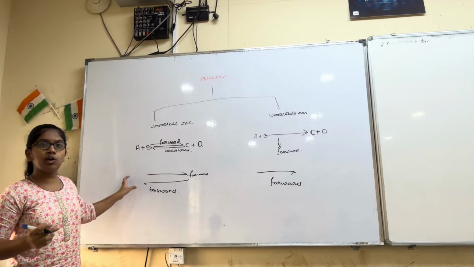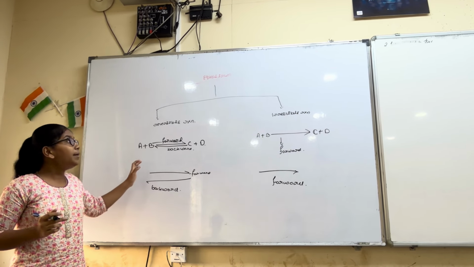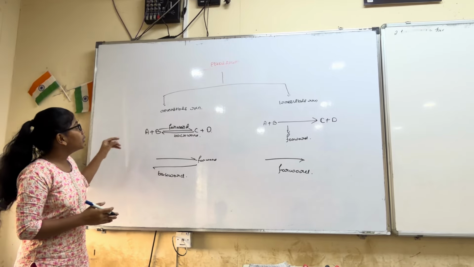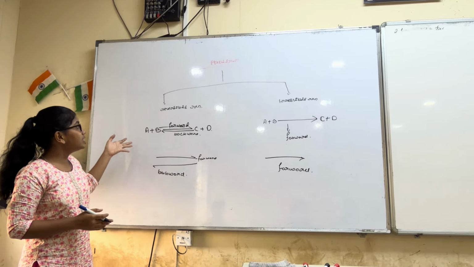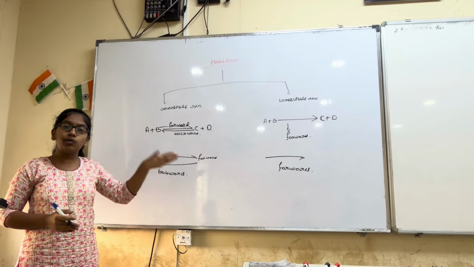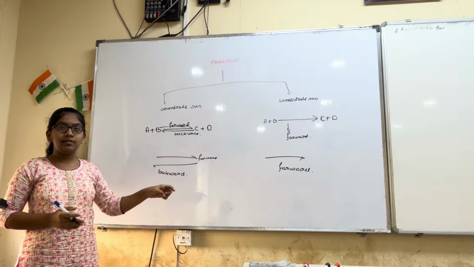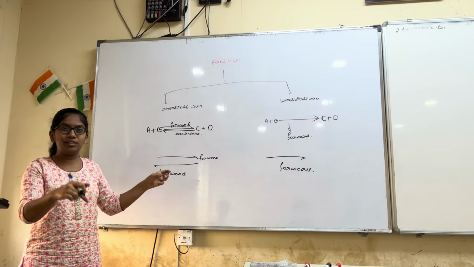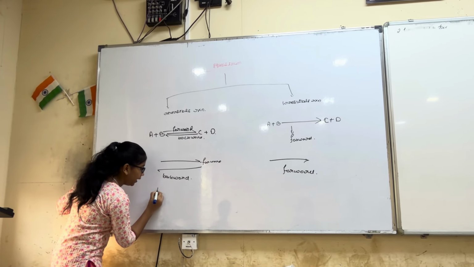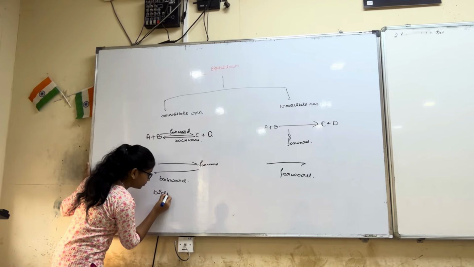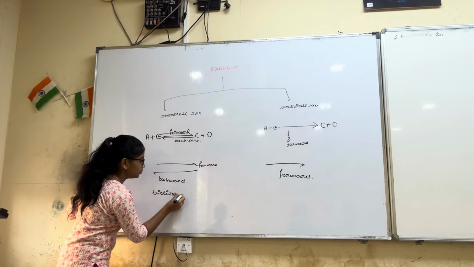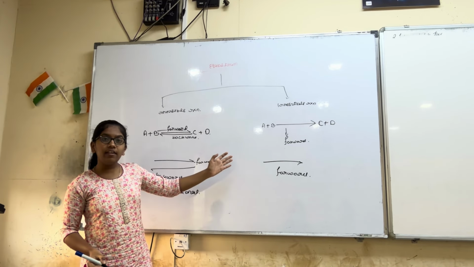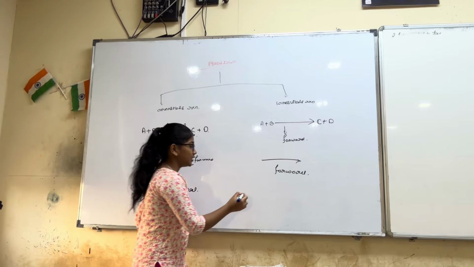Some characteristics of equilibrium: equilibrium occurs only in a closed container. Reversible reaction is bidirectional. Irreversible reaction is unidirectional.